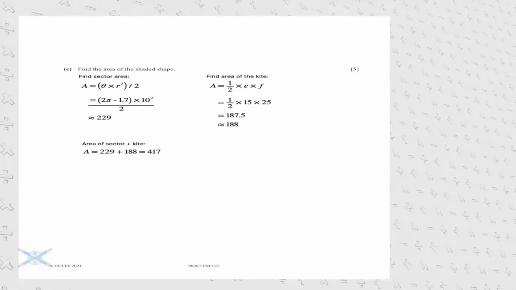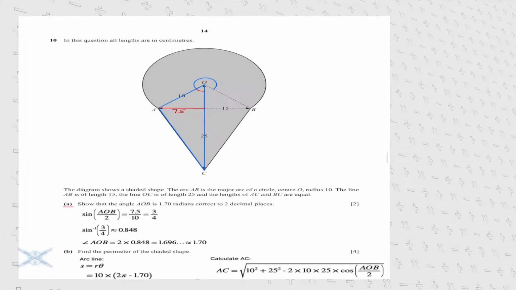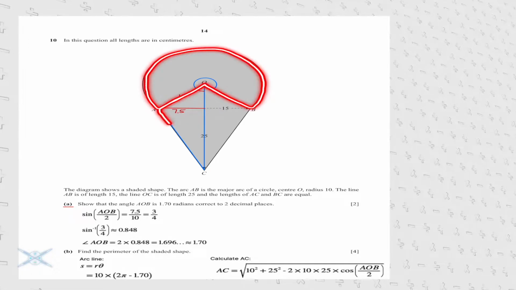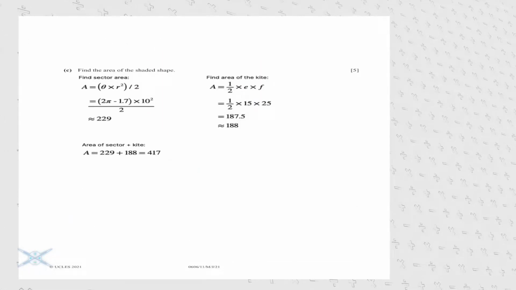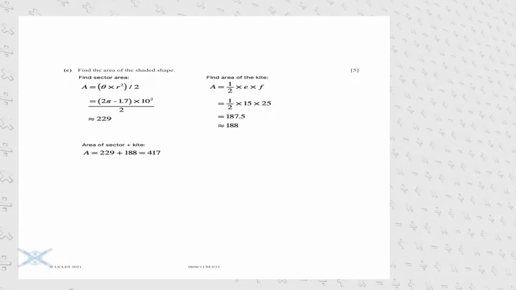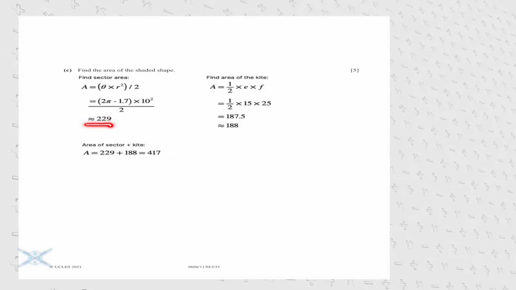In the final part of exercise 10, we are supposed to find the area of the shaded shape. The shaded shape consists of a circle sector combined with the area of a kite. To find out the area of the sector, we will work with the appropriate formula, and after plugging in the values accordingly, we know that the sector area is 229 centimeters squared.